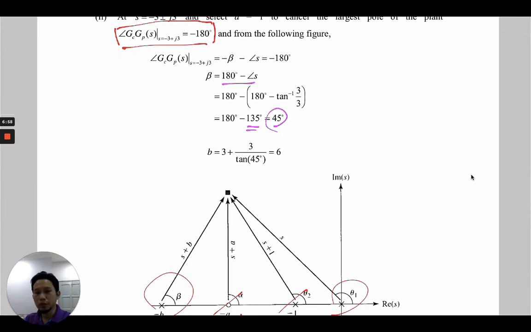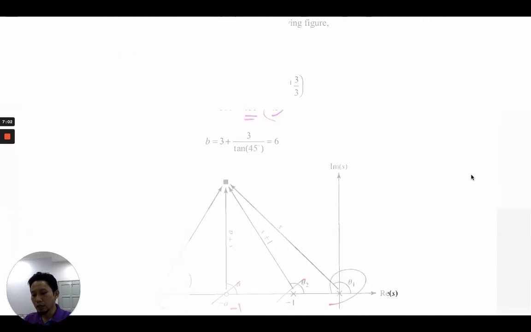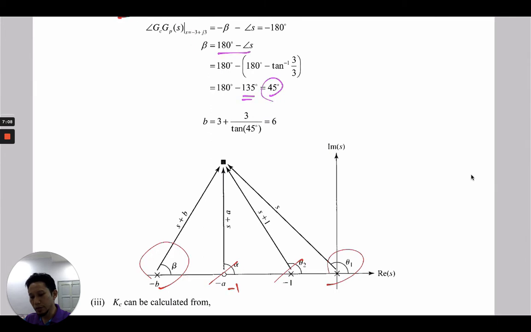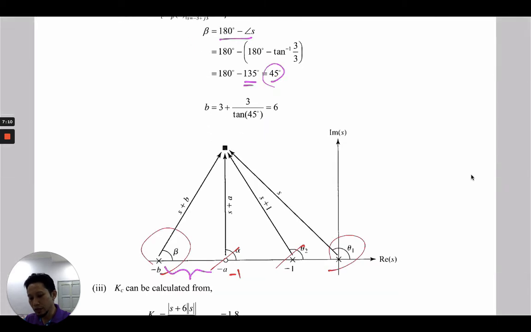From the 45 degrees, we can calculate the value of b. We have beta here, so we can use the tangent: 3 over (b - 3), where this is 3 and this is 3.